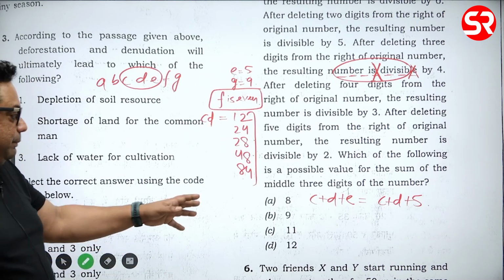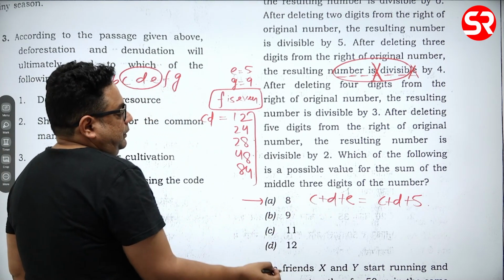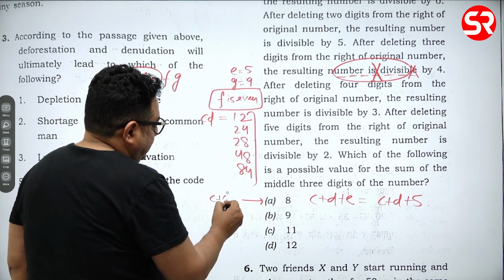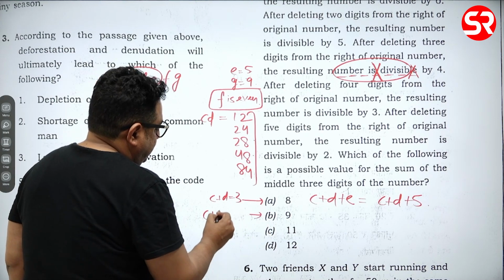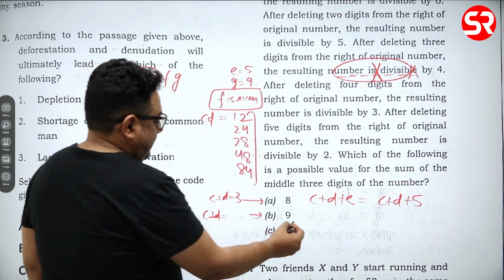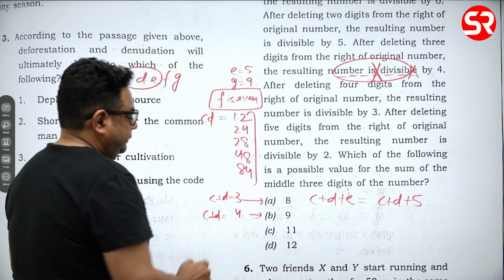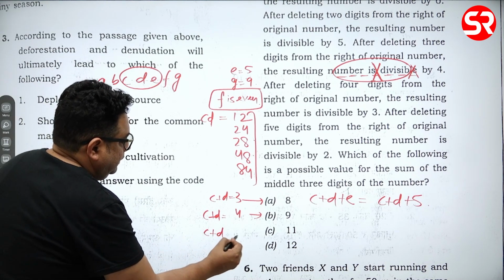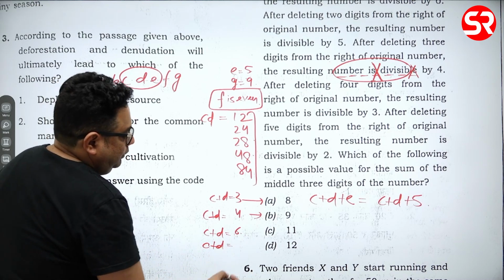Now C plus D plus 5 with options, if we say C plus D plus 5 is equal to 8, so definitely C plus D equal to 3, or here C plus D equal to how much, guys? 4, isn't it? Or C plus D is equal to 6, or C plus D is equal to 7.